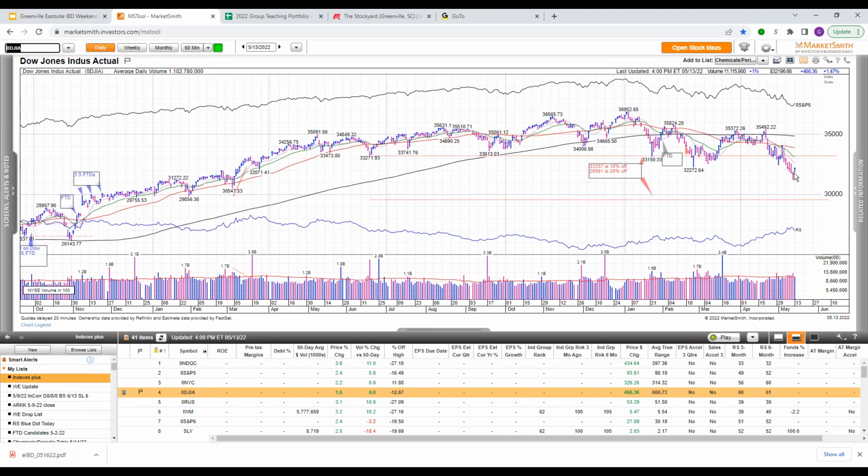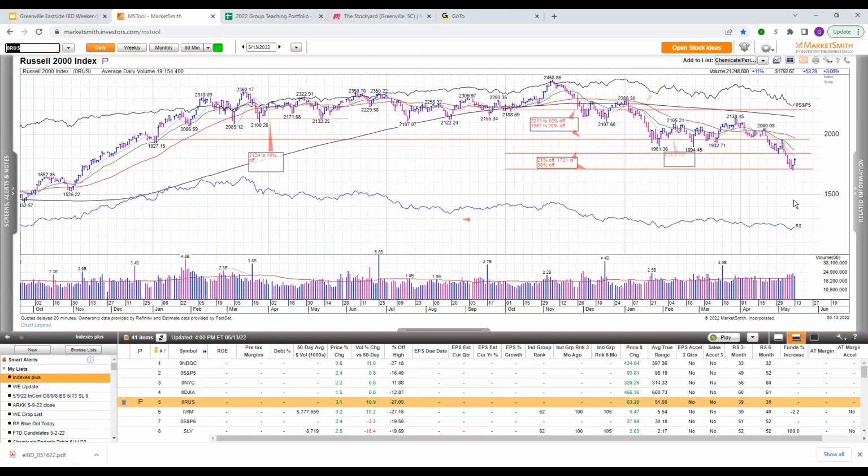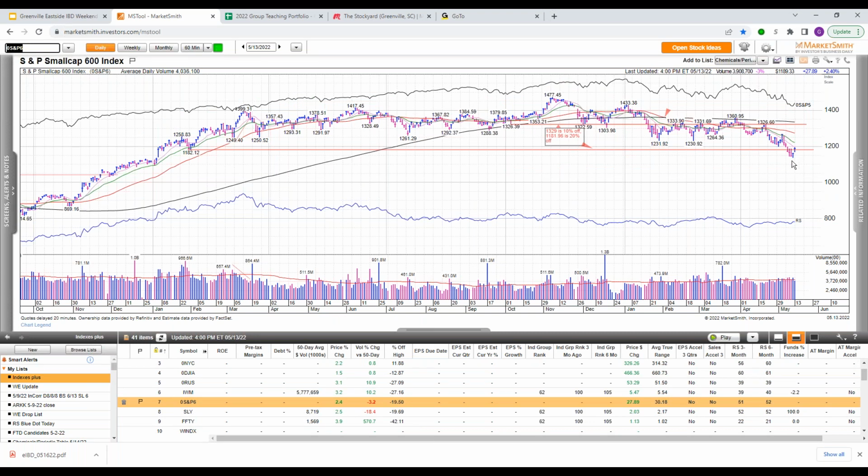Dow, about 15% off, so it also has not gotten into bear market territory. Russell all the way down at 30%, just like the NASDAQ, which is kind of interesting. It's not worse than the NASDAQ. And S&P 600 down here closing in on bear market territory. Finally, that's the 20% offline.